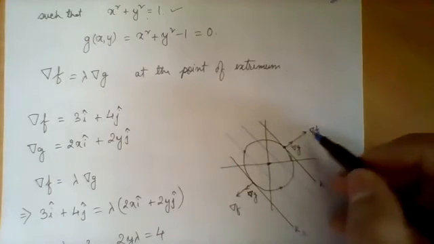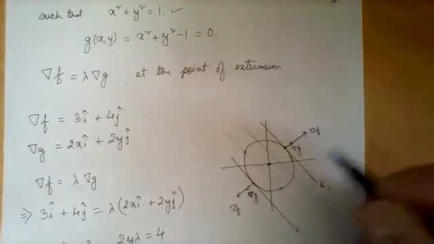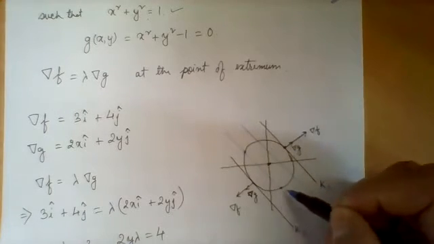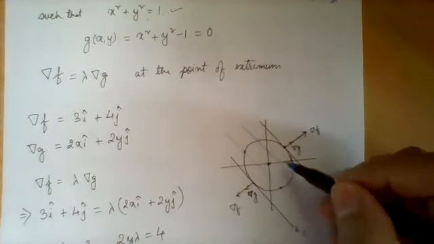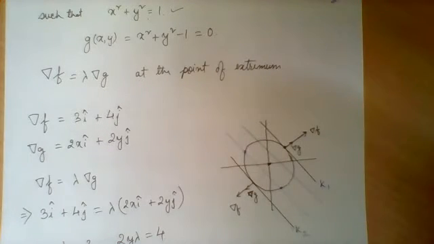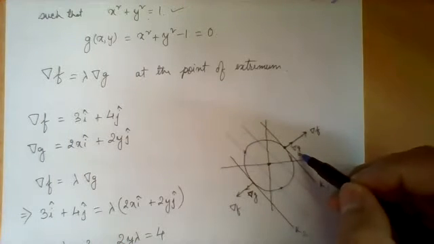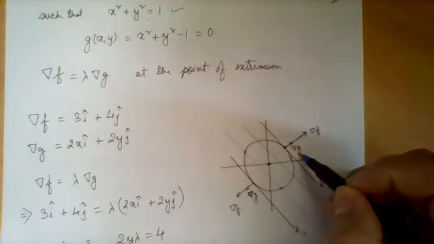the gradient of F is along this direction, and the gradient of this curve is also along this direction. So at the extrema, the gradient of F and gradient of G are parallel to each other.